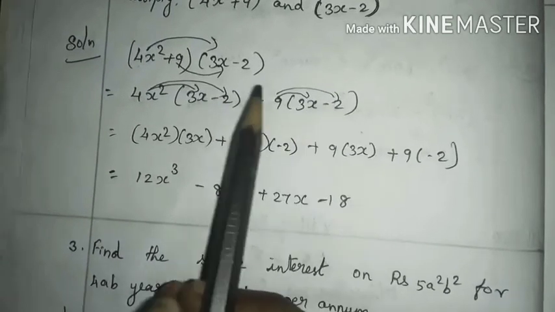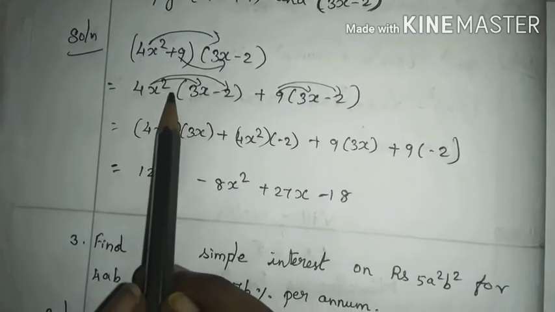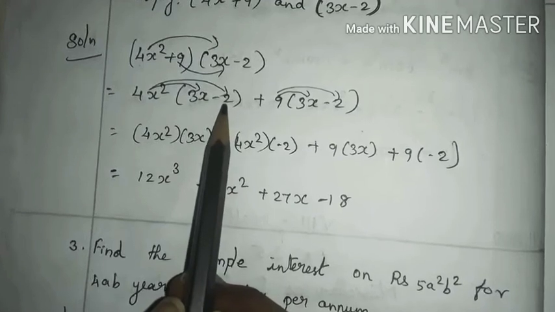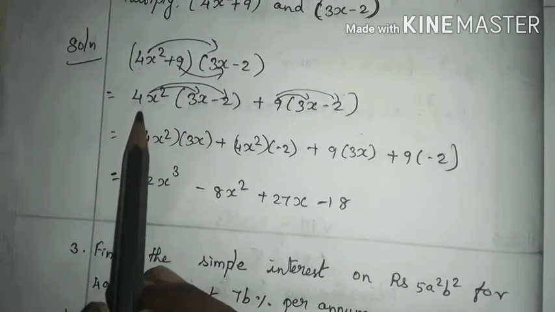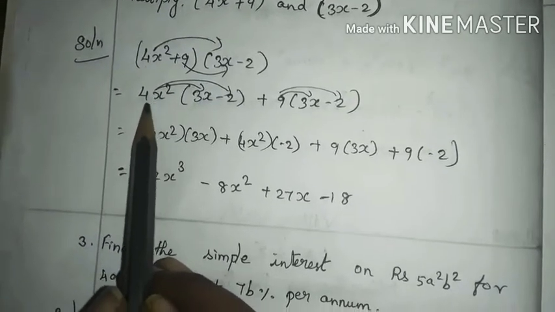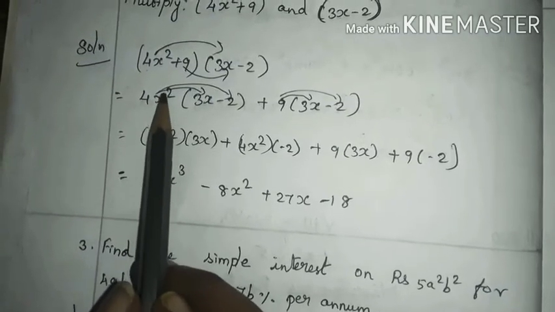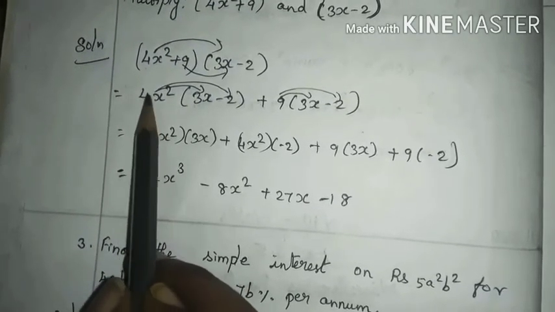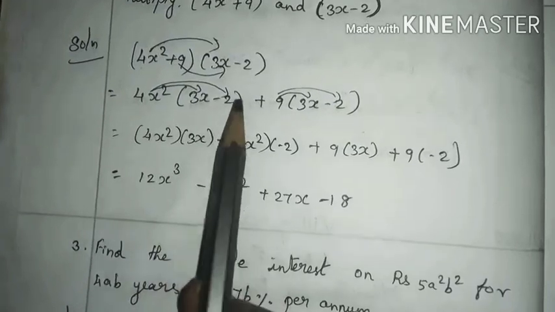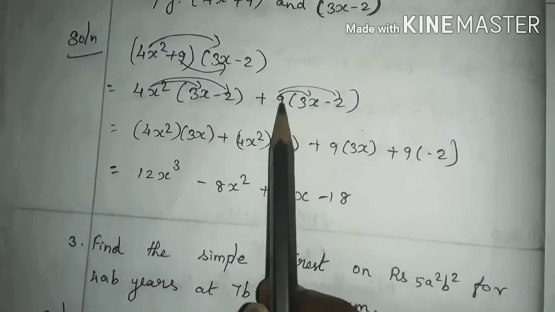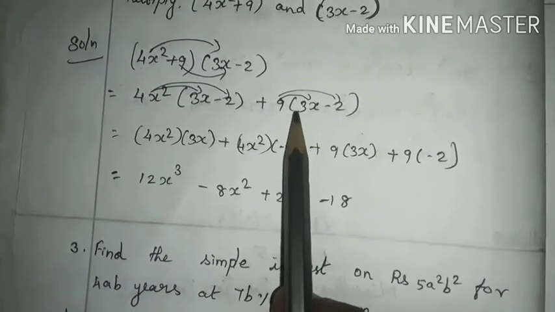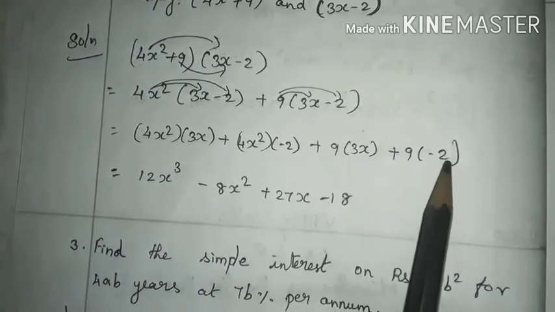After splitting it, you have to multiply each term inside the bracket with the algebraic expression given, that is 4x square into 3x, then 4x square into minus 2. Same way for this term, 9 into 3x plus 9 into minus 2.